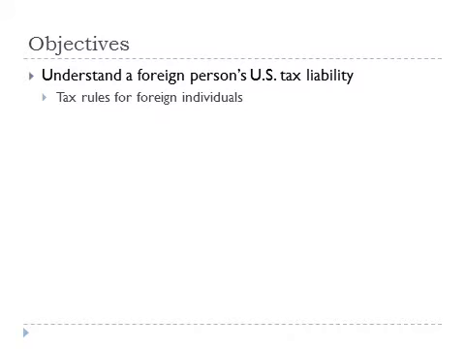To accomplish this overriding objective, we will study the tax rules applicable to foreign individuals who invest or do business in the United States. We will also come to understand the tax issues faced by foreign corporations investing in or doing business in the United States.